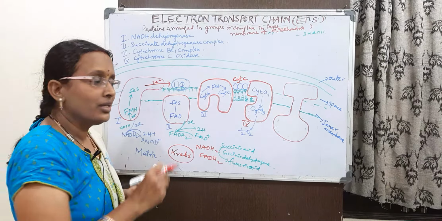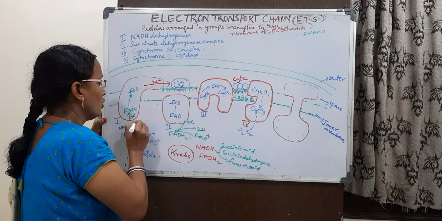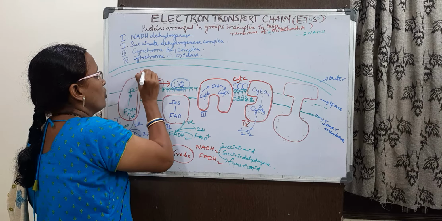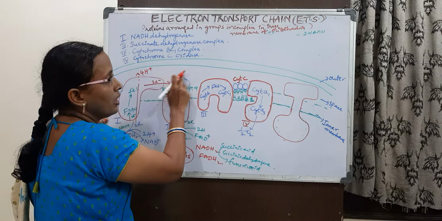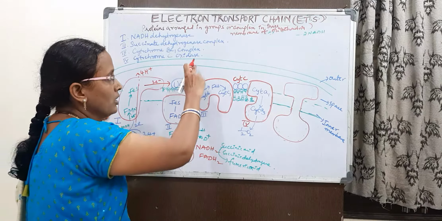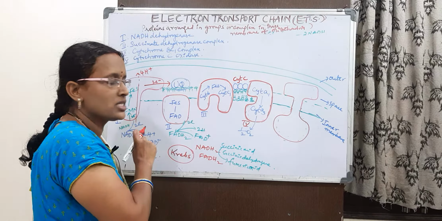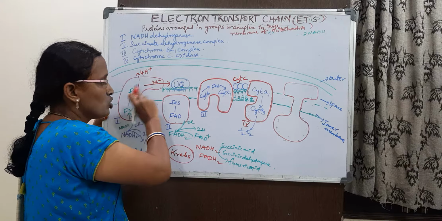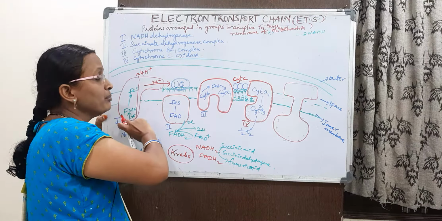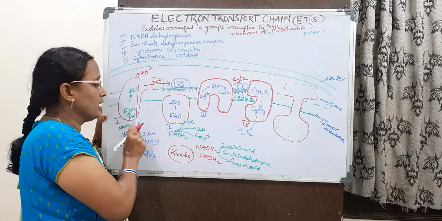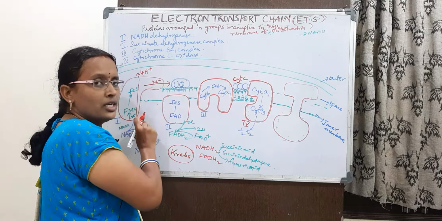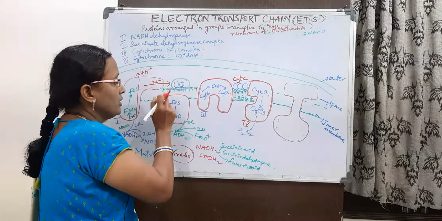When the electrons are moved to ubiquinone from complex 1, four protons are pumped into the mitochondrial space, in between the two layers. So when electrons move from complex 1, some protons are pumped into the intermembrane space.